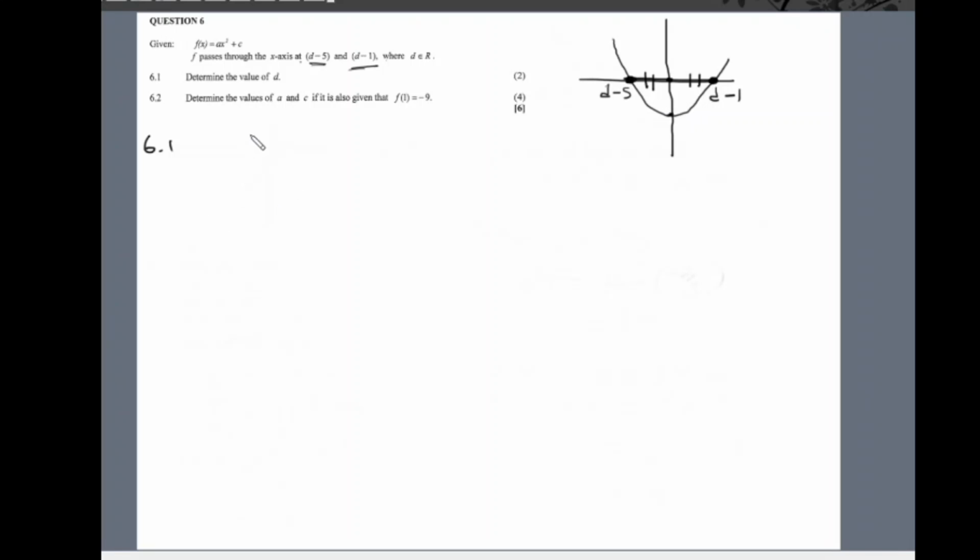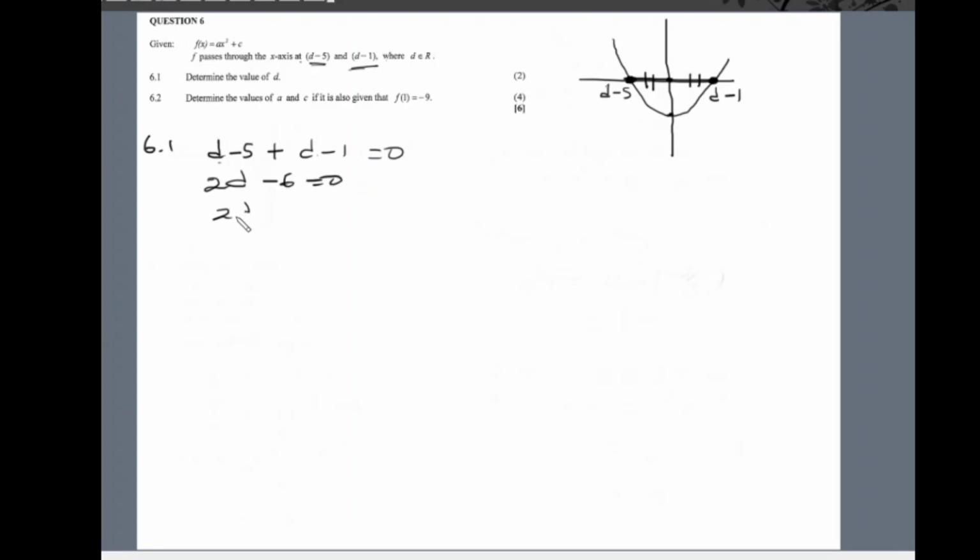So to calculate the value of d, we'll say d minus 5 plus d minus 1 is equal to 0. d plus d gives us 2d, minus 5 minus 1 gives us minus 6.